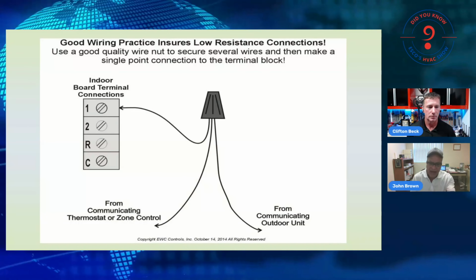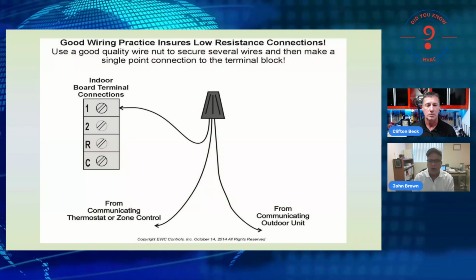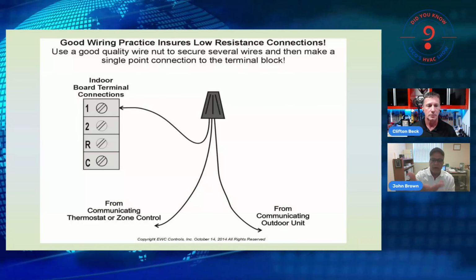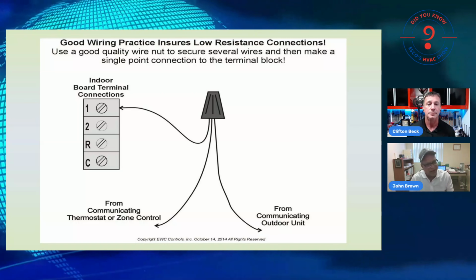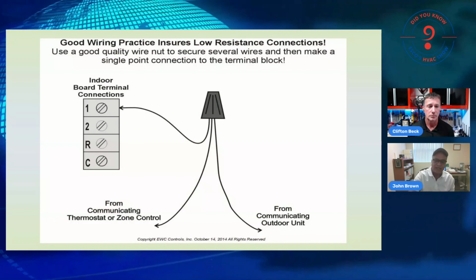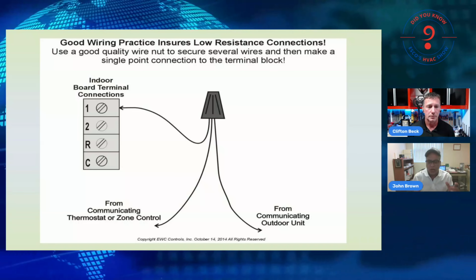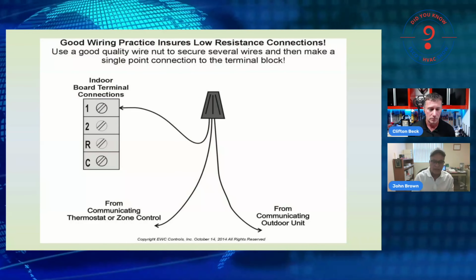You got a stranded wire coming from the outdoor unit, a solid wire from the thermostat or the zone control. Fit everything on it. Make sure you don't twist too much and break one of those wires, and make a single point connection to the terminal block. Remember, low resistance connections is the key to keeping this network stable.